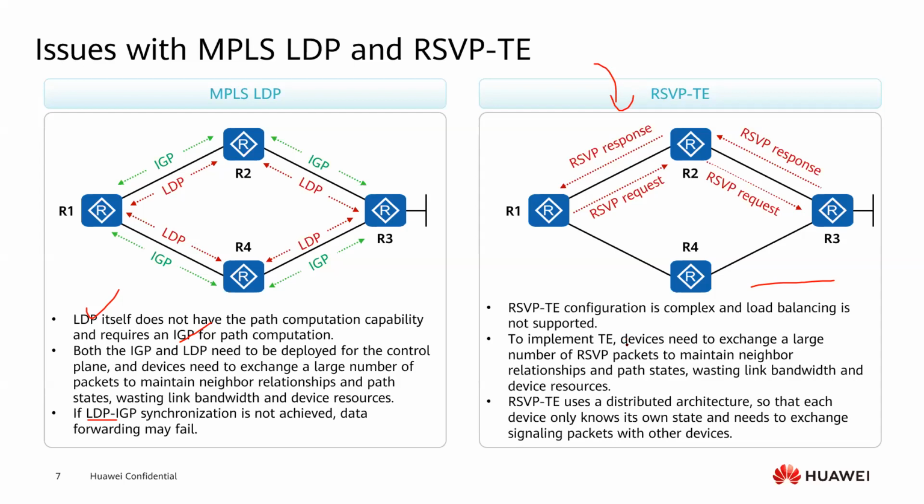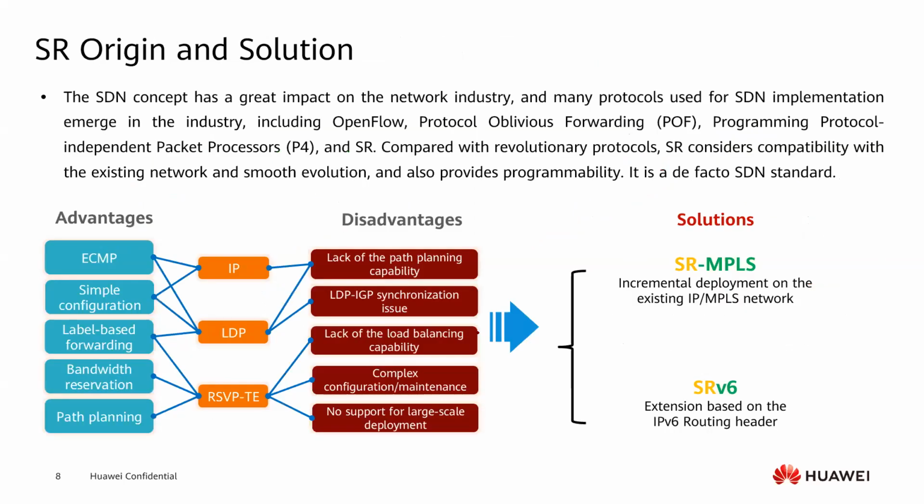And third, RSVP-TE cannot do the calculation globally, because each device calculates its own path. Which means that the device itself may think this is the best path, but if you look globally, it may not be. So these are the issues for MPLS, LDP, and RSVP-TE.